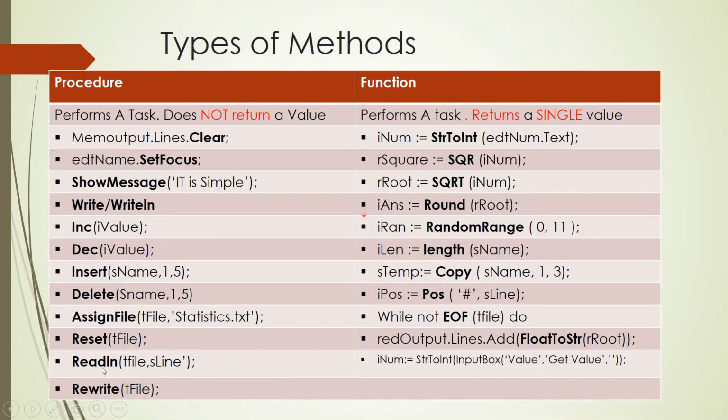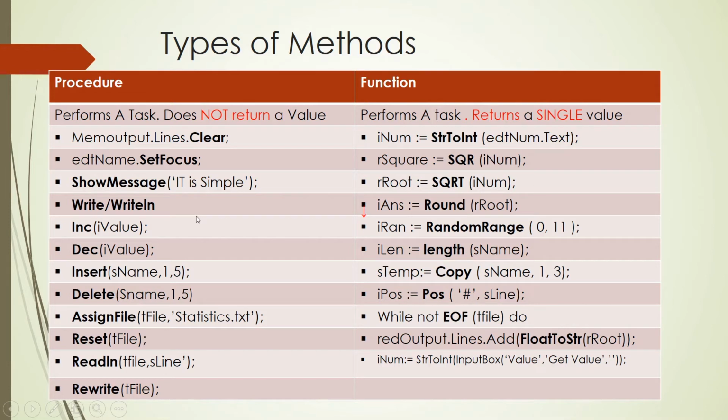We use readLn to read from the logical file from memory into a variable. And we used rewrite to write data to a file. So these were all some of the built-in procedures as part of the Delphi programming language.